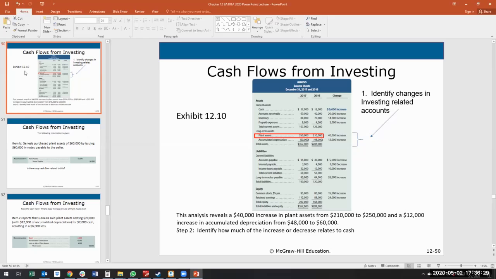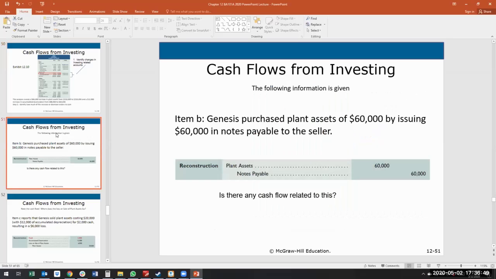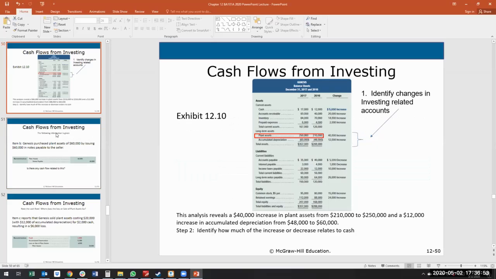But I want you all to know that something like a plant asset is not necessarily a decrease in cash for investing activities. Just because it went from 210 to 250 and increased by $40,000 over the year doesn't necessarily mean that we paid cash for those plant assets.